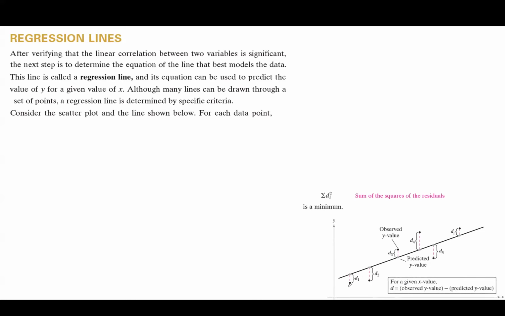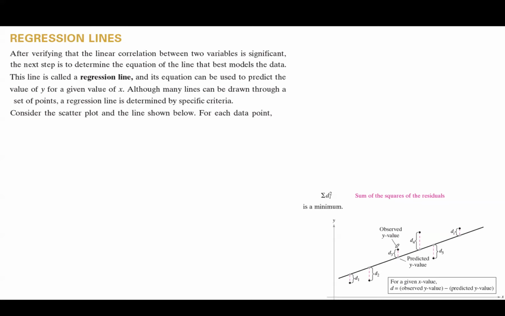The difference between the actual y value and the predicted y value is denoted by d sub 1. This is the very first residual. Then the next y value is located here. The predicted y value is located here. So there is a difference between them.